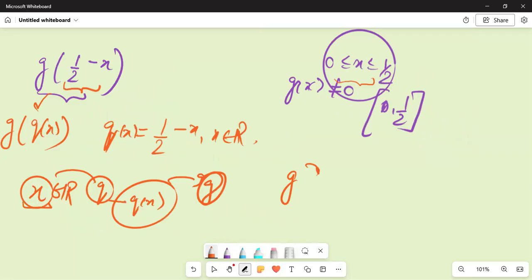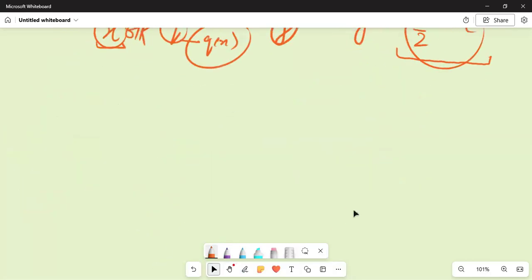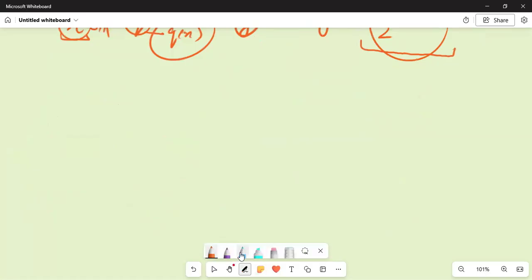Now since the domain point is given by this, what condition should be on 1/2 minus X for G to be non-zero? So if 1/2 minus X lies between half and 0, then G(1/2 minus X) will be non-zero.